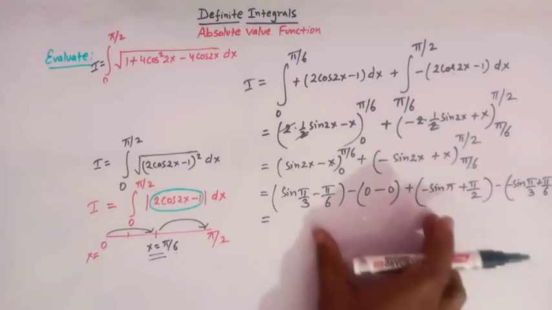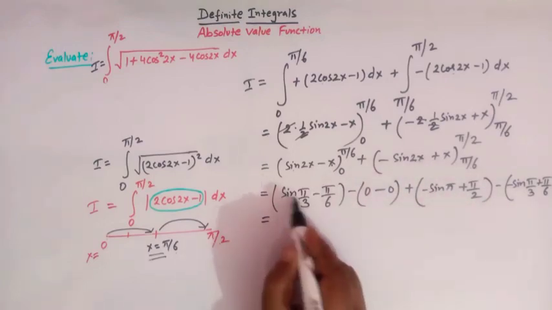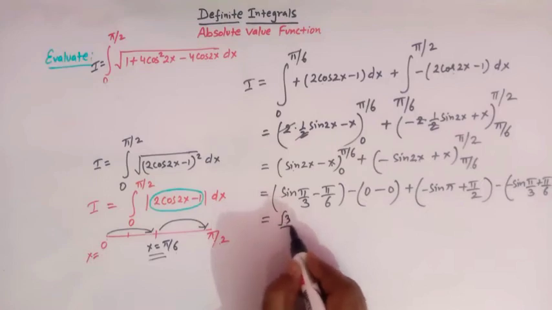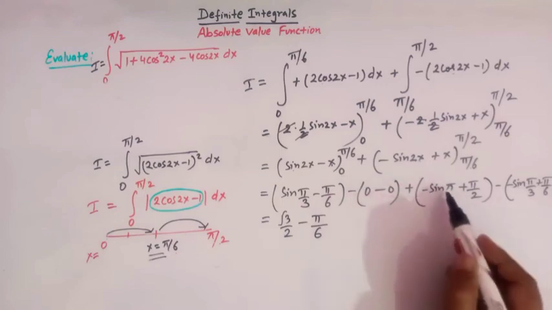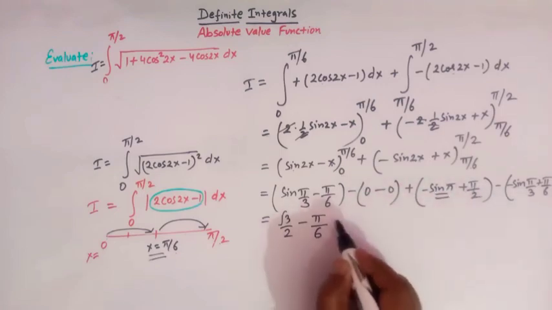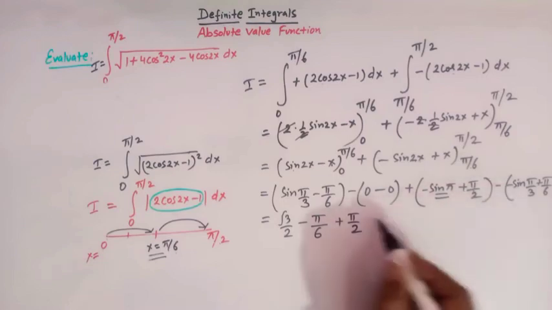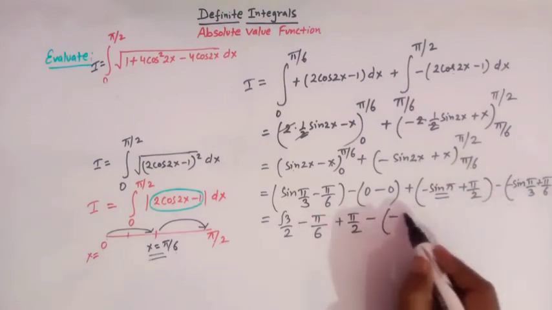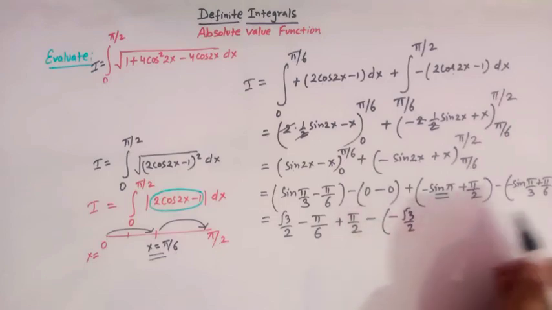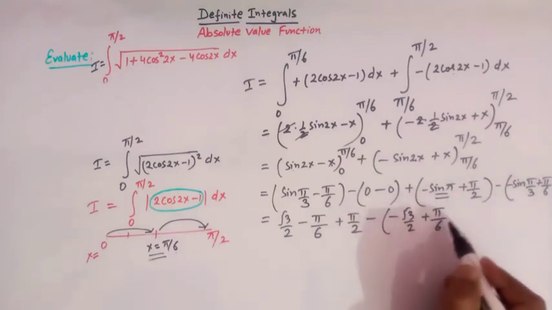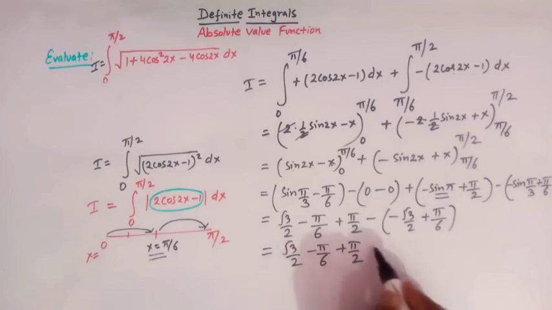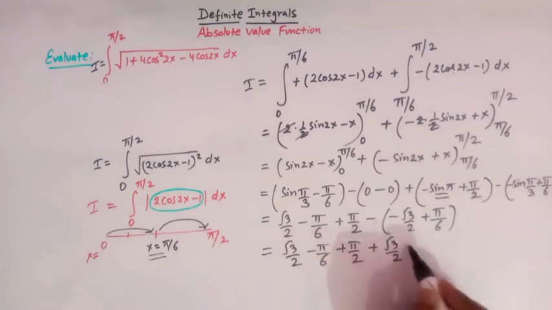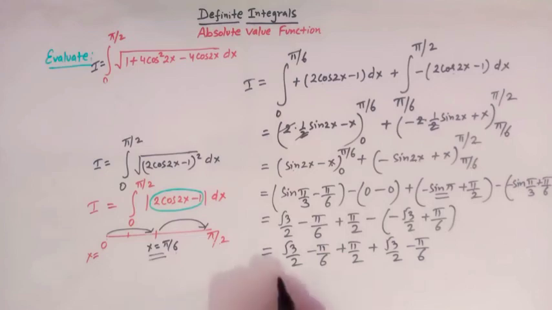So now we can easily simplify this expression. So this is sine pi over 3, that is root 3 over 2, and here we have minus pi over 6. This is 0, here this is 0, and we have simply pi over 2, and here we have minus root 3 over 2, and this is plus pi over 6. So this is root 3 over 2 minus pi over 6, plus pi over 2, plus root 3 over 2 minus pi over 6, right?